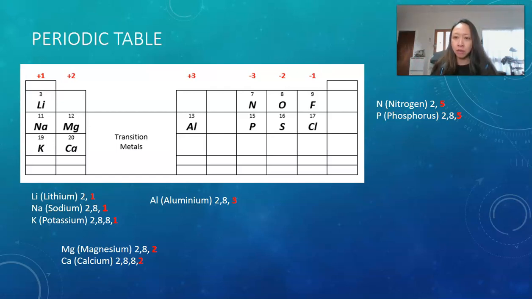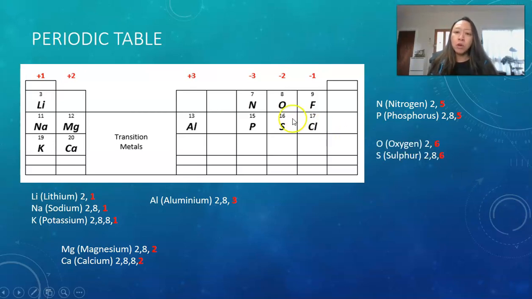They cannot give electrons, and therefore they have to receive electrons in order to be stable. So how many electrons should they be receiving? You are right, they should be receiving 3 electrons. By receiving 3 electrons, this means that they have a charge of -3.